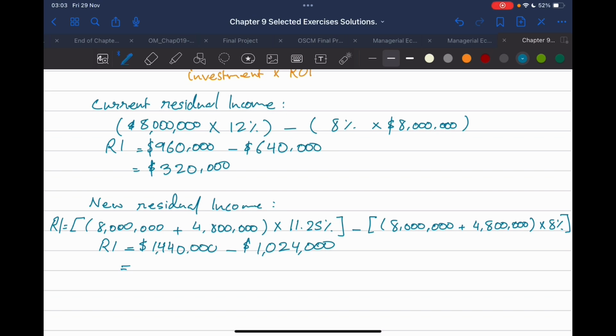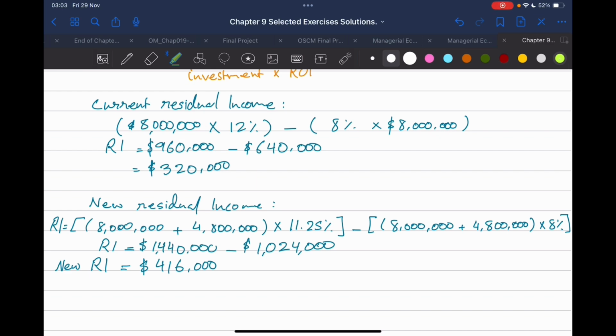Subtracting, 1,440,000 minus our answer in the calculator, that's going to be $416,000. So this is going to be our new residual income in case Monarch decides to take on this investment.